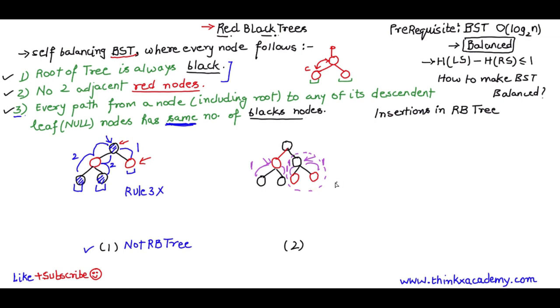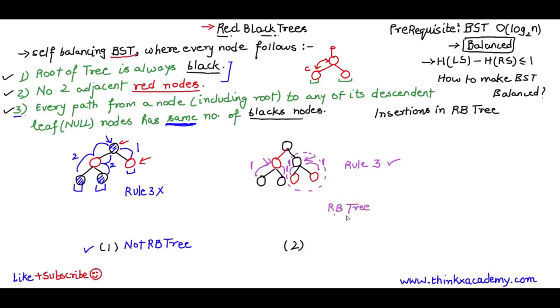So if you pick up any node, every path from a node including the root node to any of its descendant leaf nodes has same number of black nodes. So rule number 3 is satisfied in this condition, and even rule number 1 and 2 are satisfied. So number 2, which is this one, is essentially an RB tree.